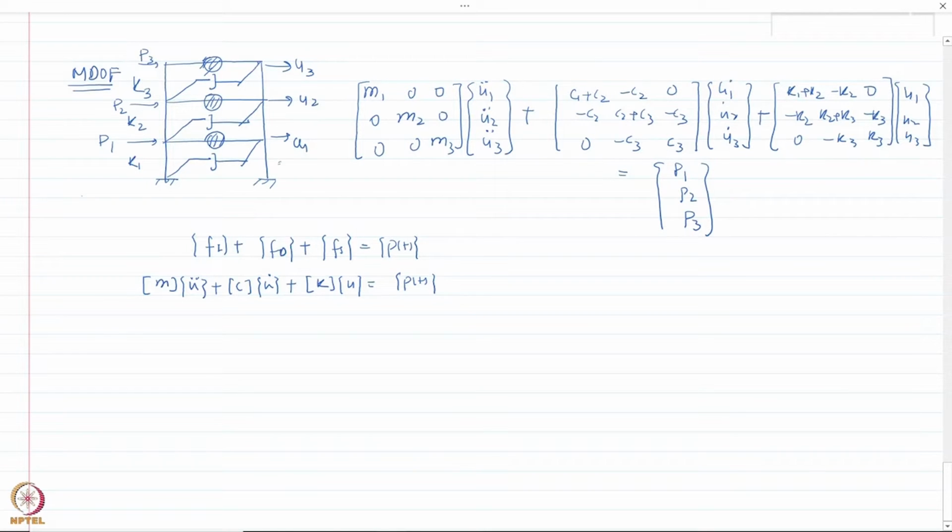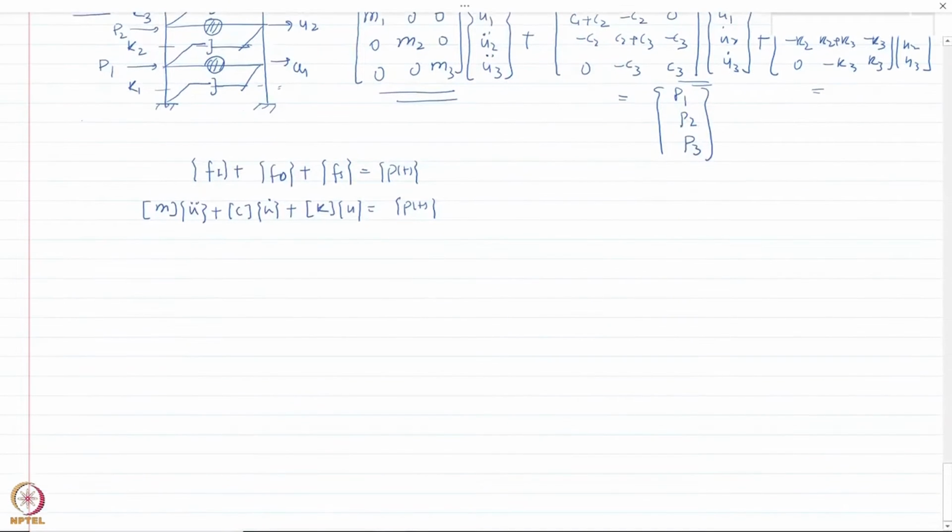We can cut this system at these three locations and write down the three equations of motion corresponding to each mass. That is called the direct equilibrium method, in which we directly write down the equation of motion and then formulate these matrices and vectors. In the second method, we talked about the influence coefficient method.